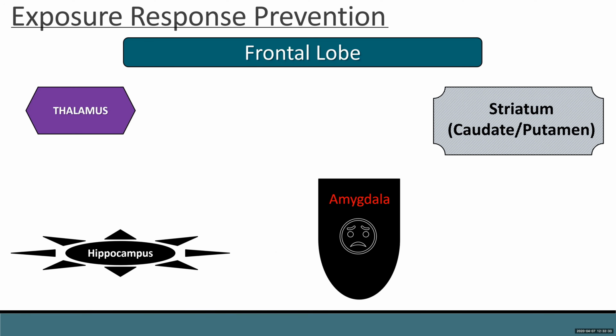Exposure response prevention is just another modality that is basically under the umbrella of cognitive behavioral therapy. So what is this? What is exposure response? Why do we think this works?